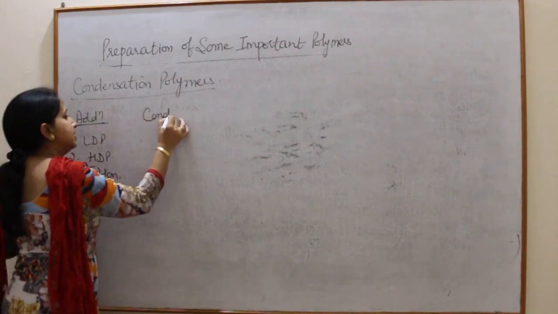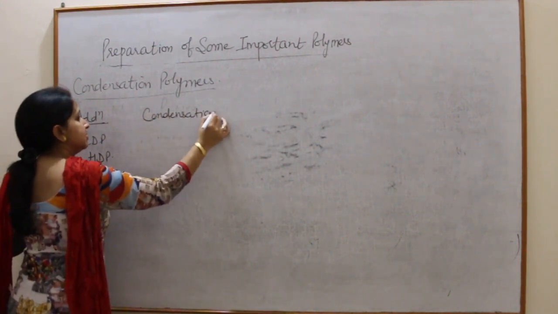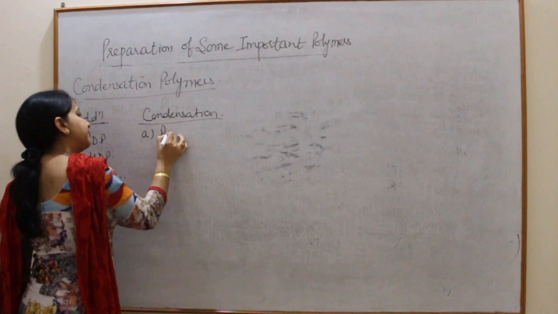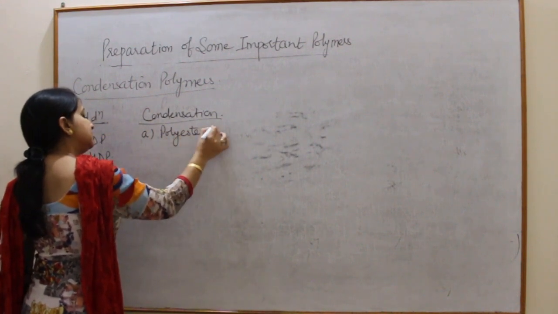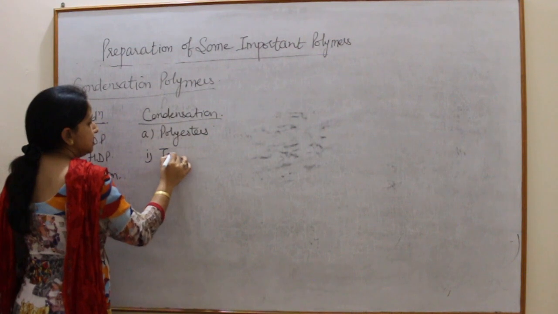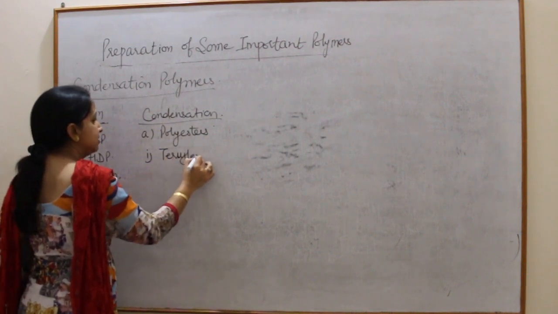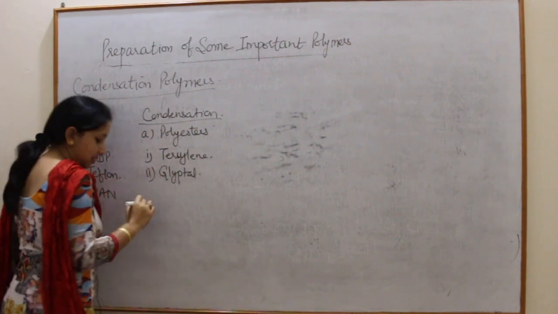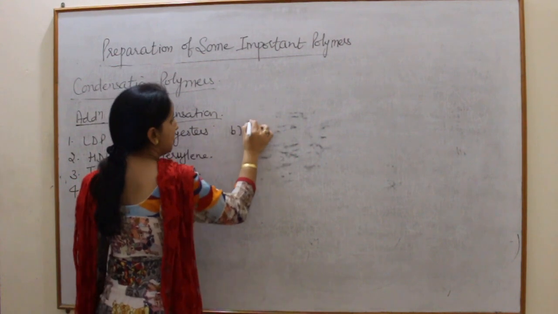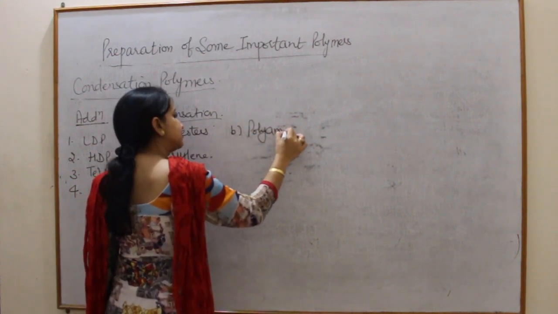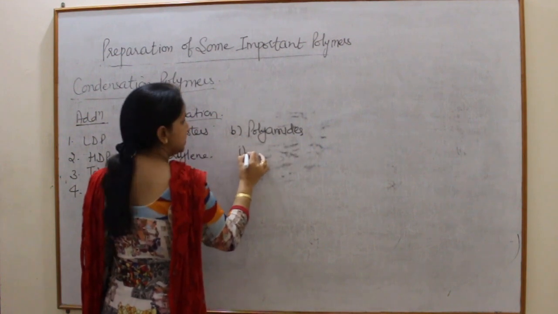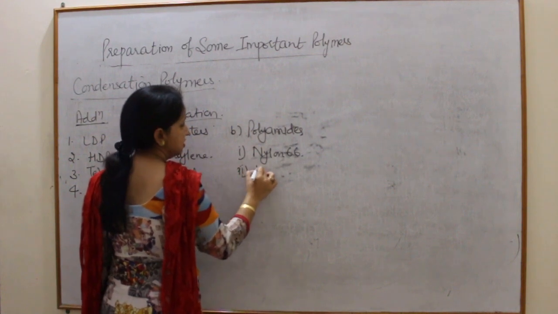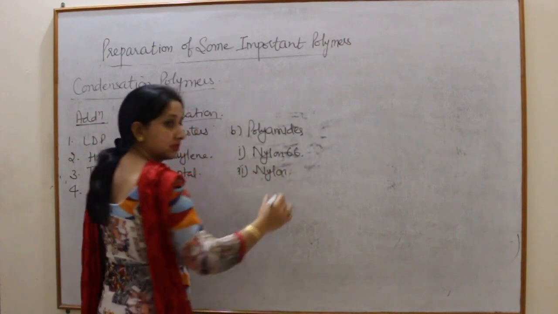Then condensation polymers. Condensation, first subtype polyesters: first terephthalate, and second we discussed glyptal. Then we discussed polyamides: nylon 66 and second was nylon 6.